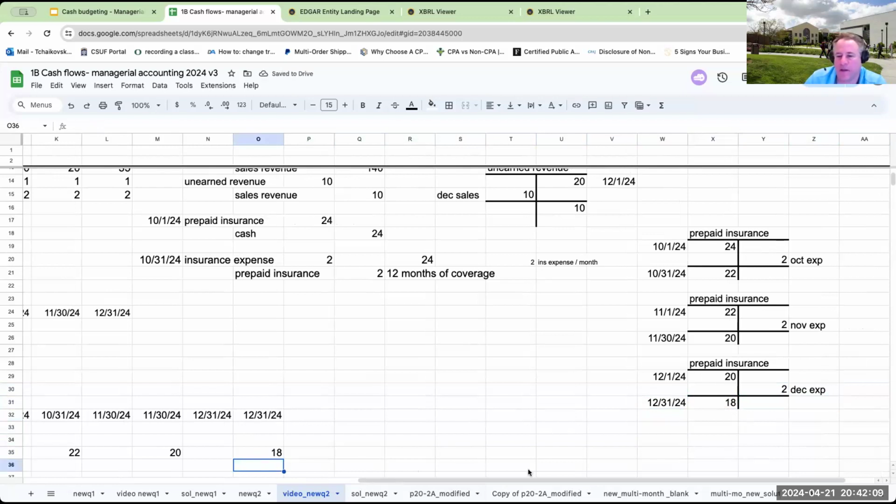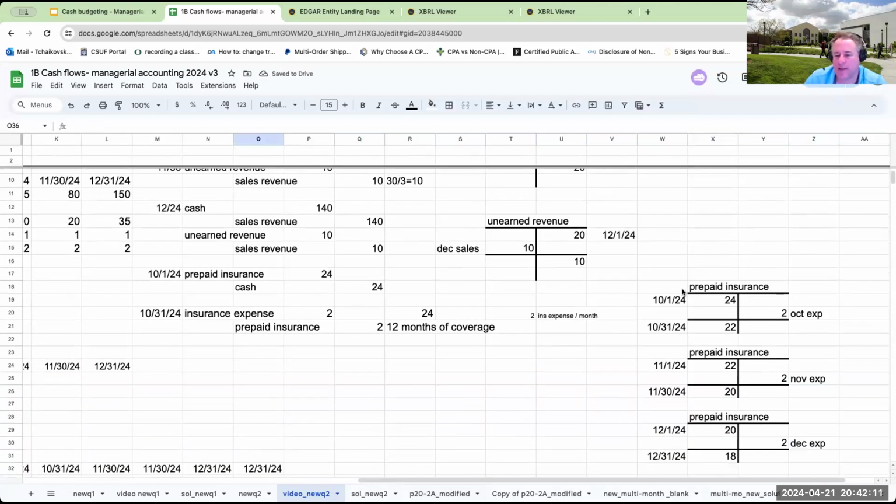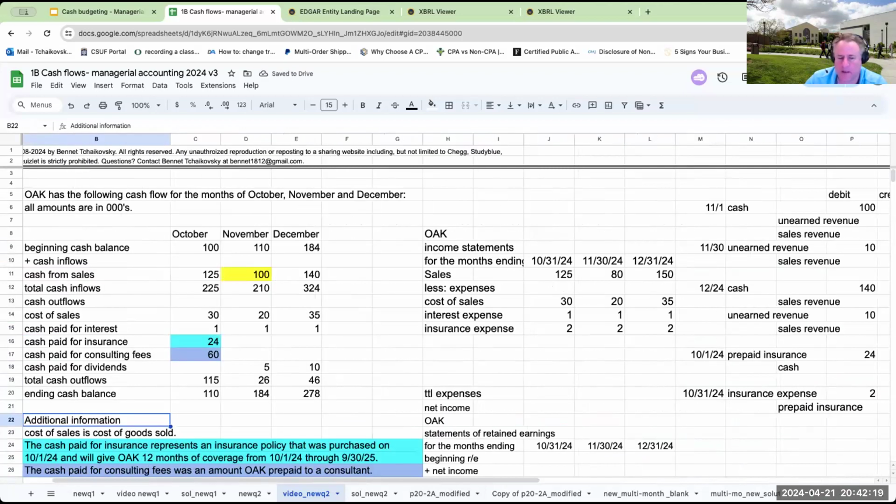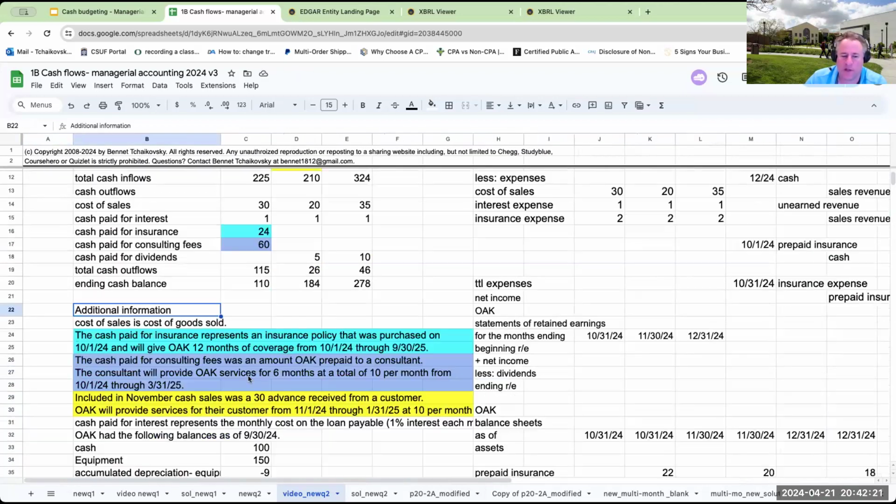So again, this is why this is a lot more complicated of a question. But when you see additional information, it generally means you probably have to make some sort of adjustment. So we've dealt with these two up here. Cash is cost of goods sold. We dealt with the interest expense. We've dealt with the prepaid insurance, and we've dealt with the unearned revenue.